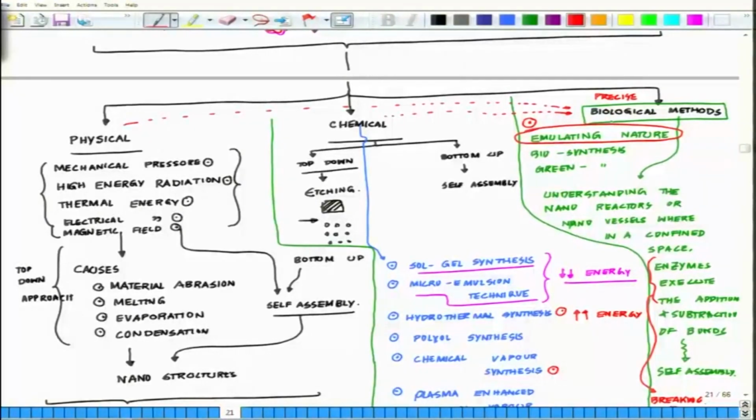If you compare it in terms of the energy, these will be low energy techniques, only a small amount of raw materials will be needed, and they will be much more eco-friendly.